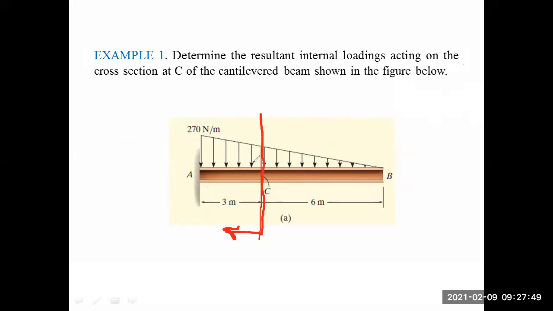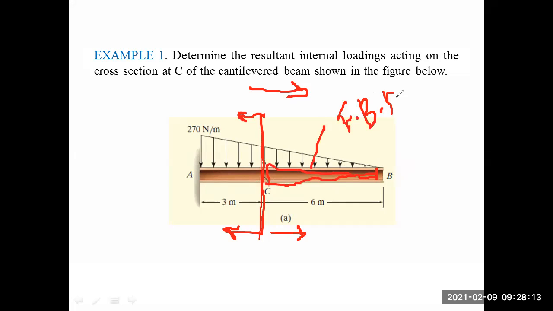So once you take the right side, you're going to end up with a structure that you have cut from its original structure. So you have an element cut from the original structure, and this is treated as a free body diagram. Okay, free body diagram.